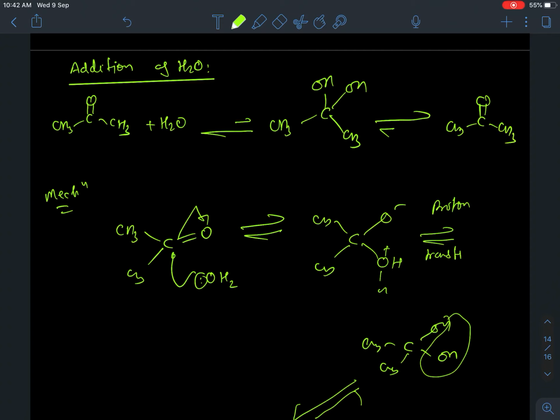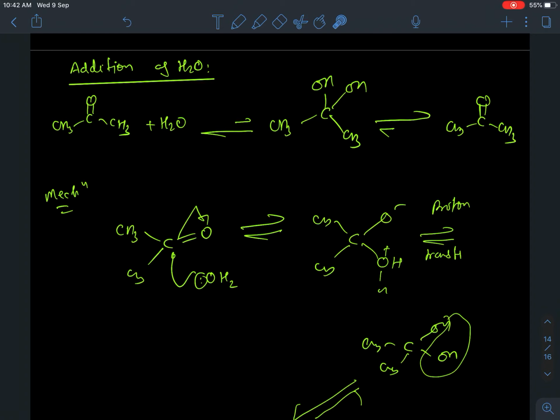Now the question is, if this water is present as a reactant also and as a product also, then how do we know that this water actually reacts, or is it just a hypothesis?